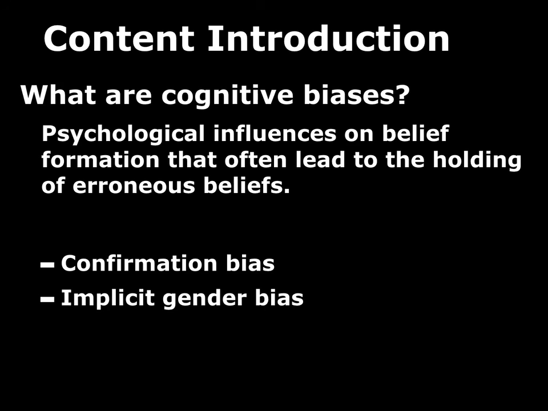Another is implicit gender bias, very similar to implicit racial bias and other kinds of similar biases. And this is apart from overt racism or overt sexism, right? This is something that's implicit, and it's implicit often even in people who are not really at all racist or sexist. In fact, people who are feminists can exhibit implicit gender bias.